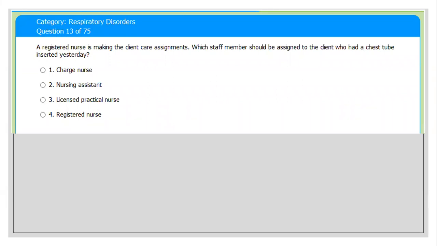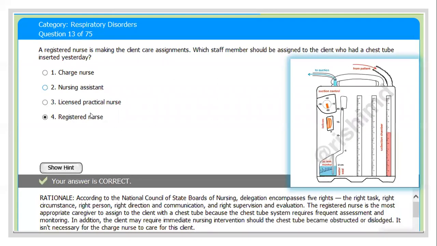It is the role of the RN, not the LPN. The options are the charge nurse, nursing assistant (CNA), licensed practical nurse (LPN), or registered nurse. So the correct answer is the registered nurse. Assessment of the client is a role of the RN.